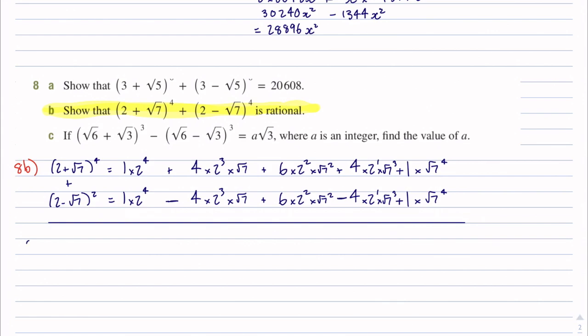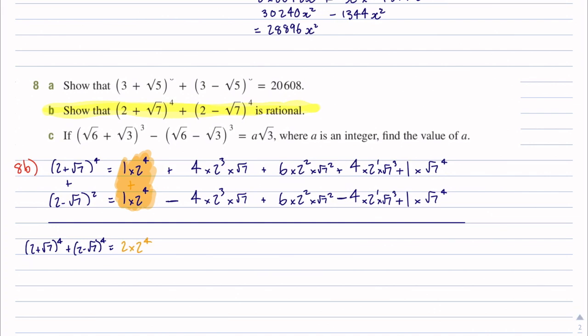So if I've got 2 plus root 7 to the 4 plus 2 take root 7 to the 4, then that's 1 times 2 to the 4 plus 1 times 2 to the 4, which is 2 lots of 2 to the 4.